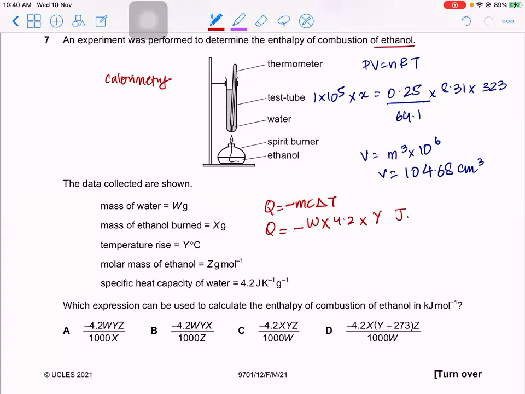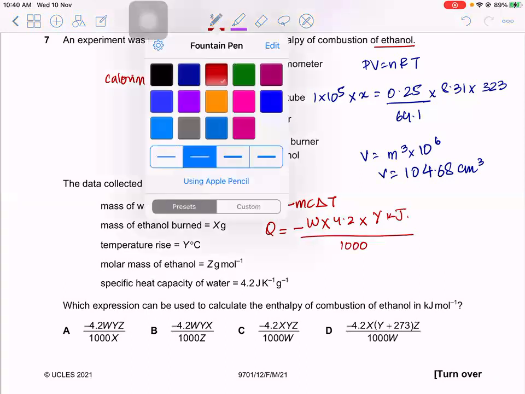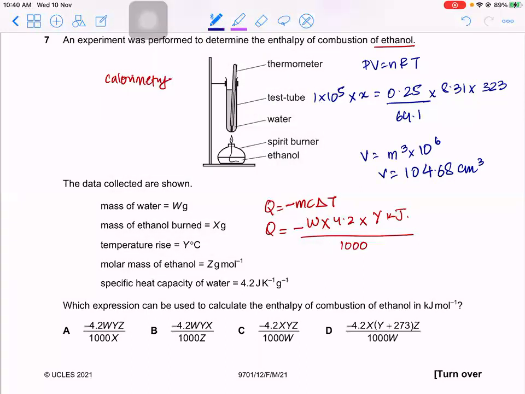So you have to convert it into kilojoules. So you will divide this by 1000. So then it becomes kilojoules. Now, can I say that this amount of energy was released when this many grams of ethanol burnt? Can I convert these X grams to moles? How will I do that? X gram upon, what is the Mr?